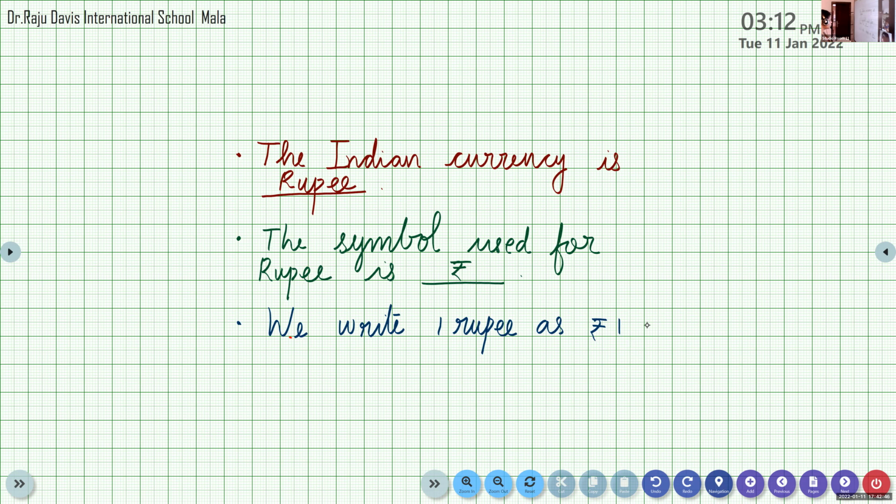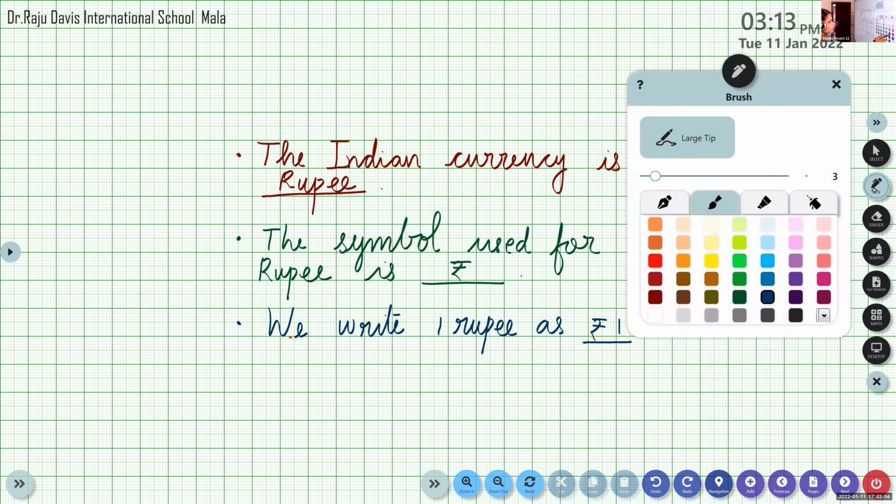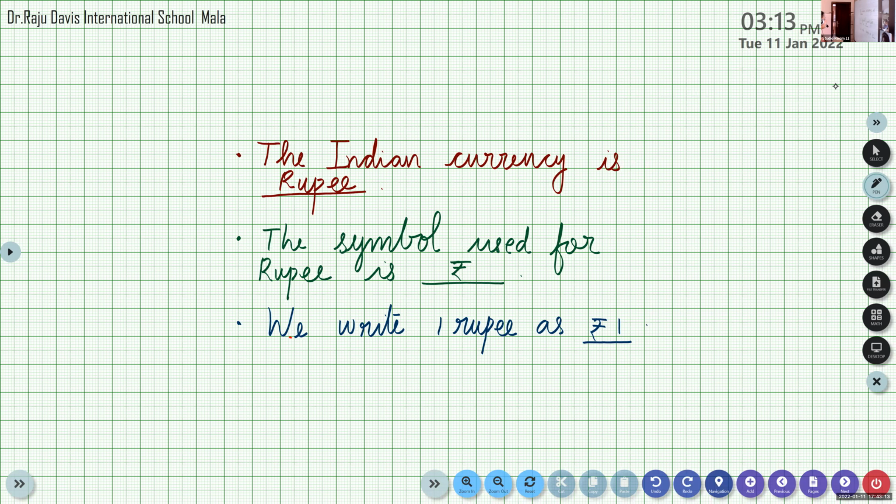We write ₹1 as, put the symbol and the number. The Indian currency is rupee. The symbol used for rupee is the symbol you have to draw.